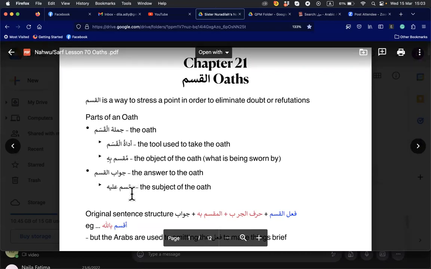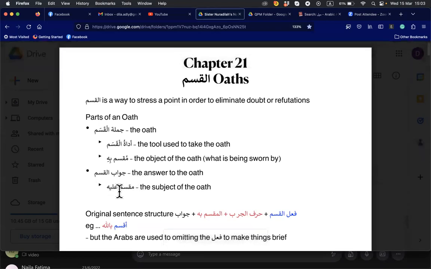We have names for it, like muqsam alaihi, but we don't really use this term in i'rab, so you don't have to remember this. The first one, muqsim bih, meaning the one being sworn by, you might see in i'rab, and of course your adatul qasam.